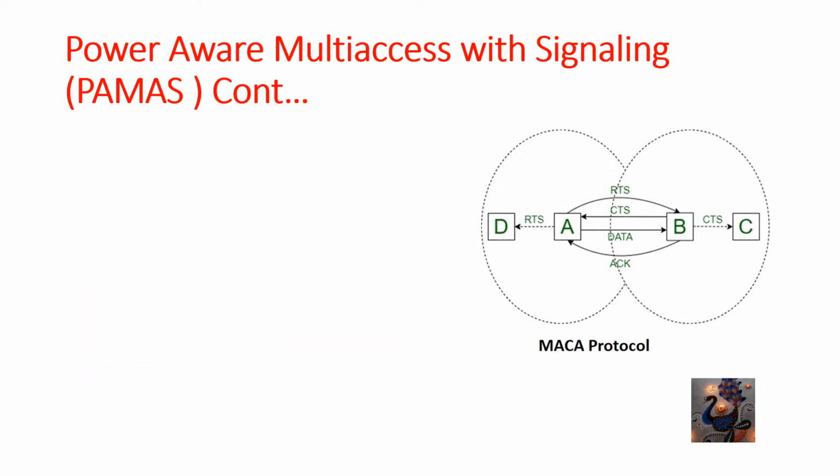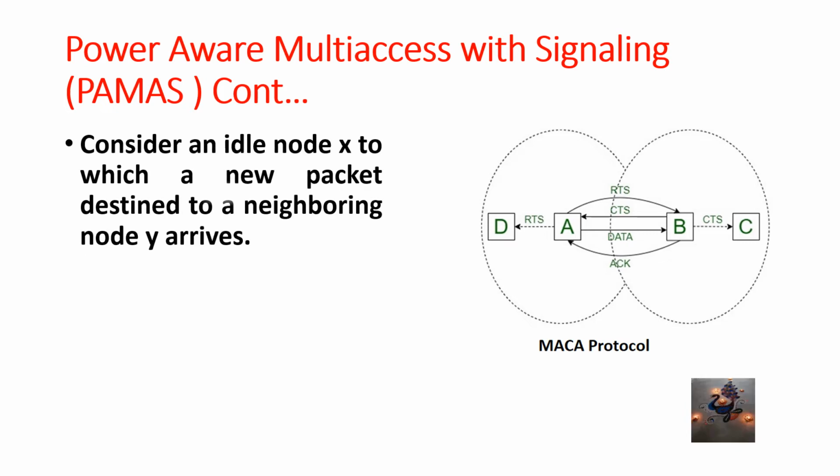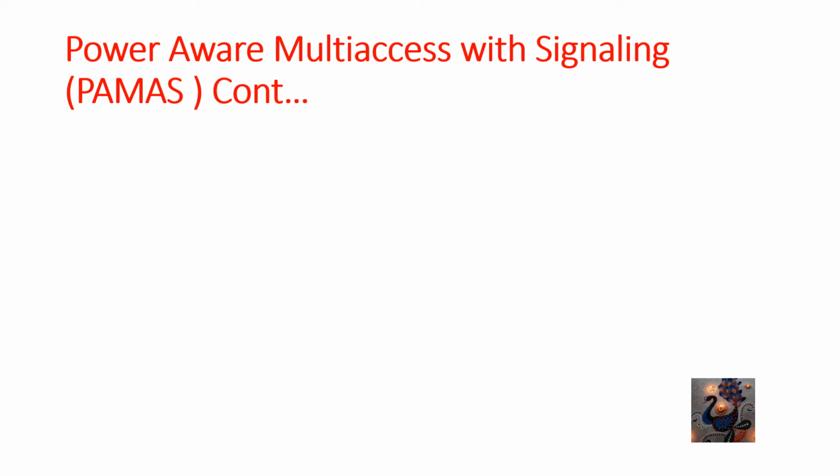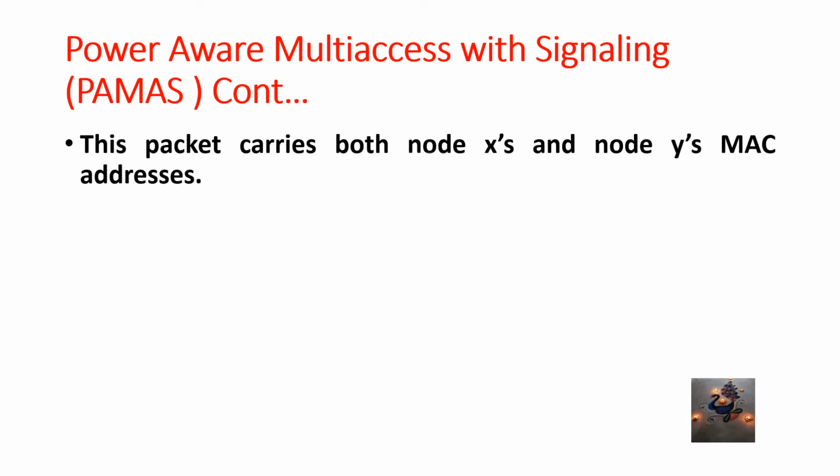Consider an idle node X to which a new packet destined to a neighboring node Y arrives. First, node X sends an RTS packet on the control channel without doing any carrier sensing. This packet carries both X and Y's MAC addresses.